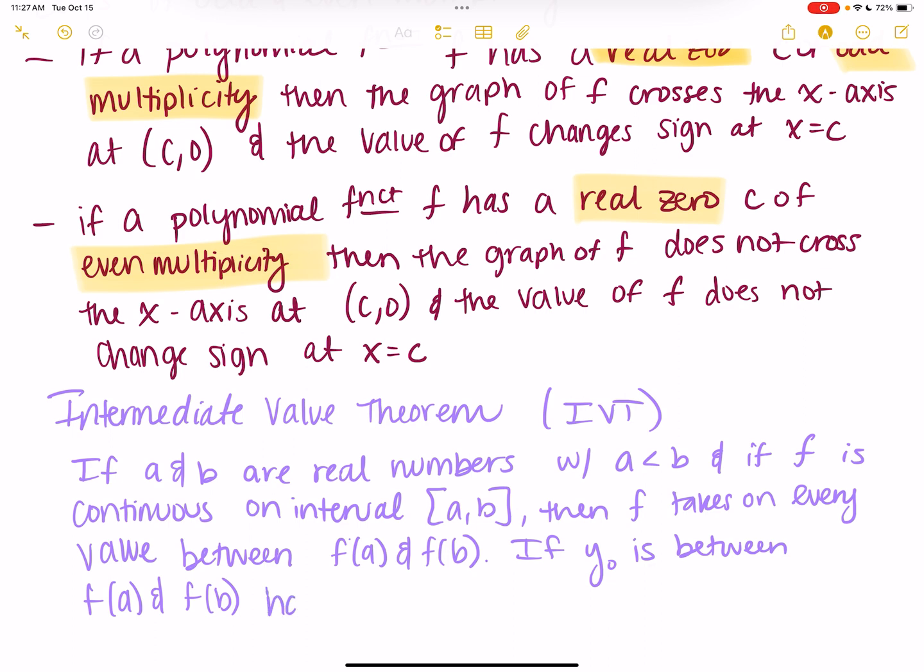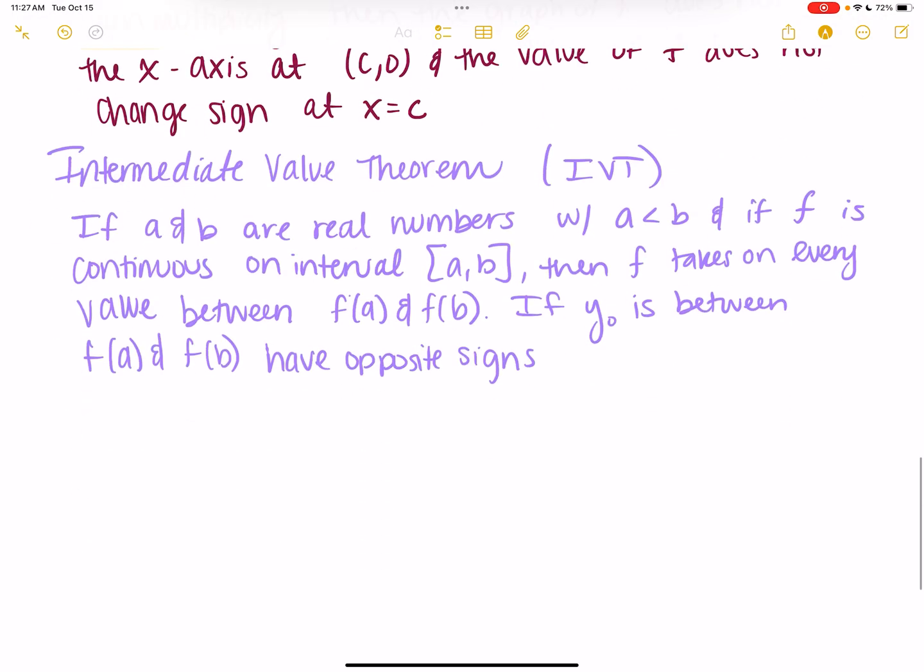And if they have opposite signs, then f of c equals 0 for some number c in a to b.